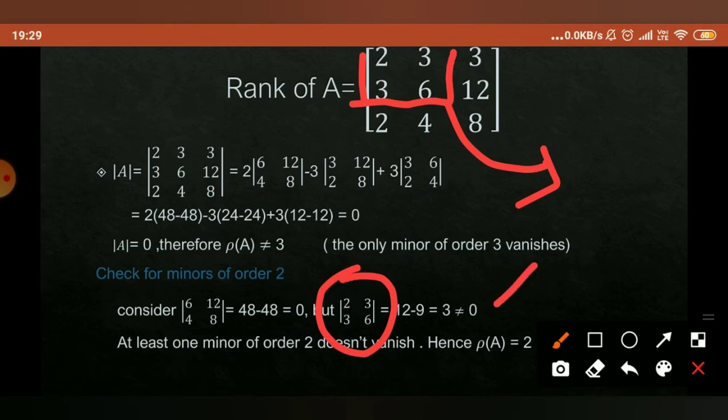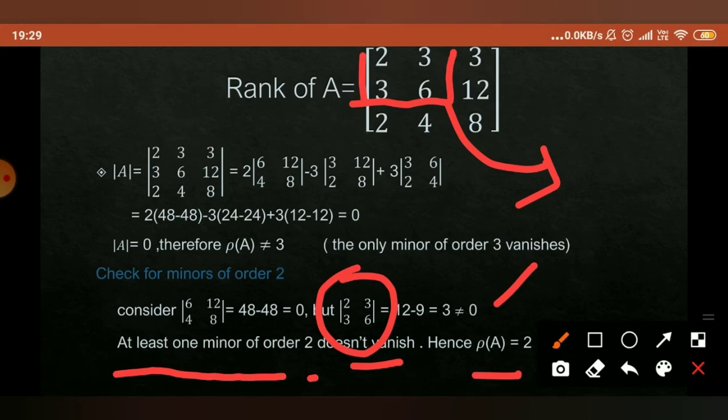So at least one minor of order 2 is non-zero, which means the rank will be 2. We have to look for a minor which is non-zero. So even if some minors of order 2 become 0, if at least one is non-zero, that is the condition. If we find at least one minor of order 2 which does not vanish, which is non-zero, then the rank will be 2. We need the non-vanishing minor, and its order will be the rank.